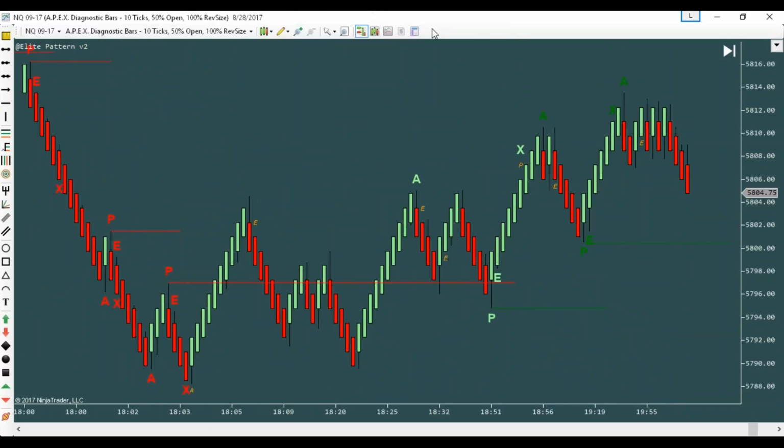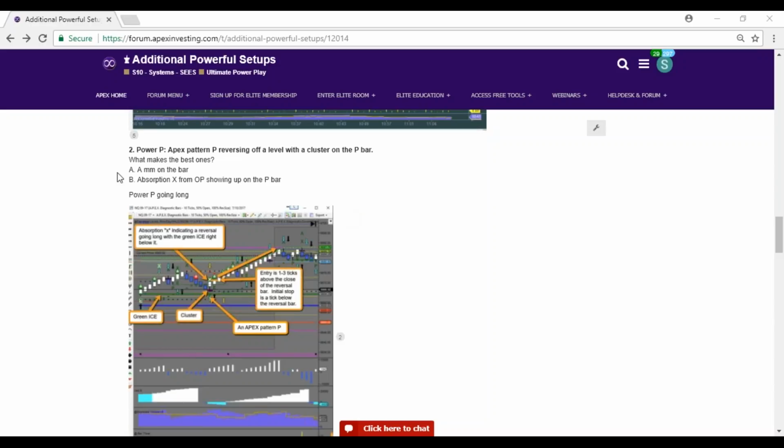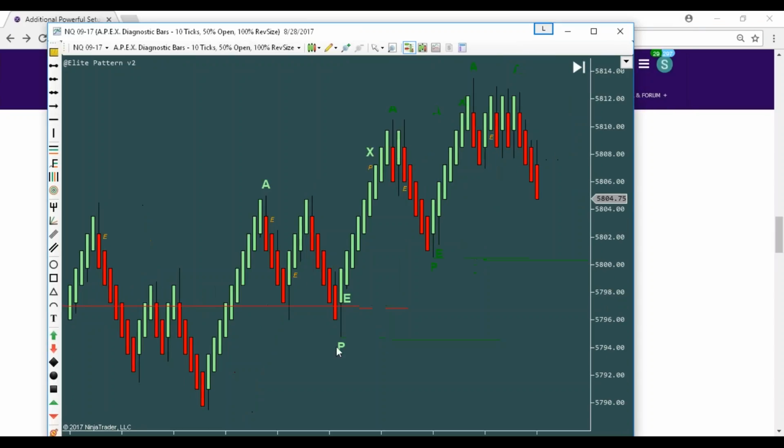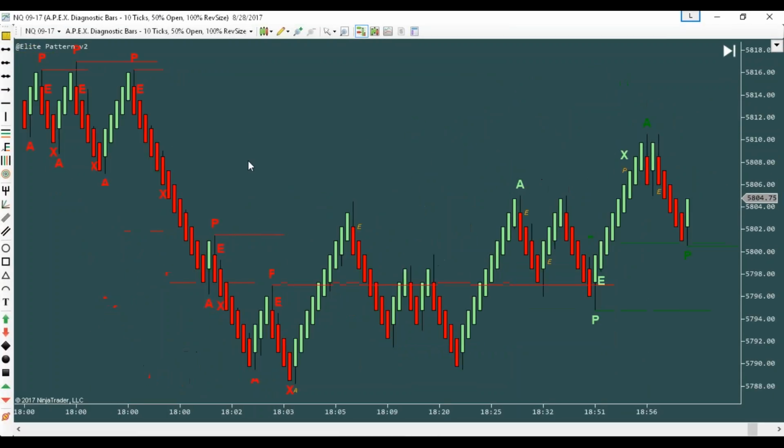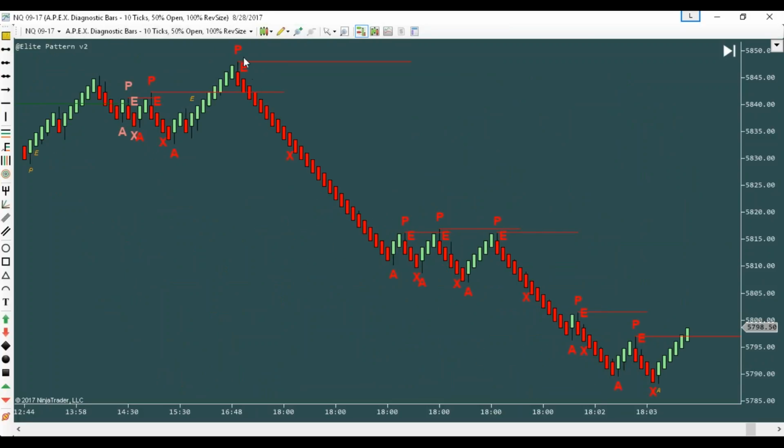So power P's. The apex pattern P reversing off a level, not just any random P, but reversing off a level with a cluster on the P bar. Does that make sense? Let's say right up here there happened to be a deviation level.